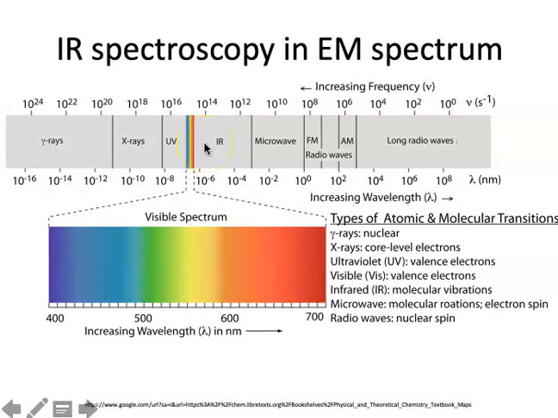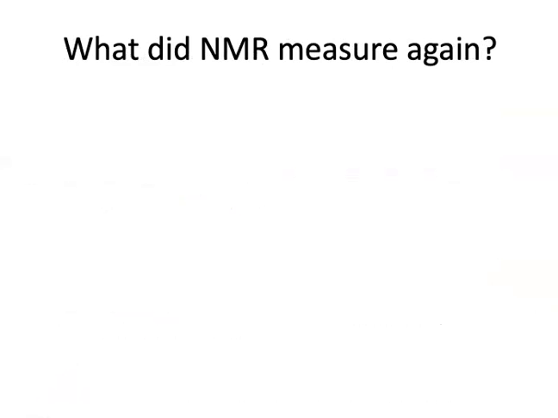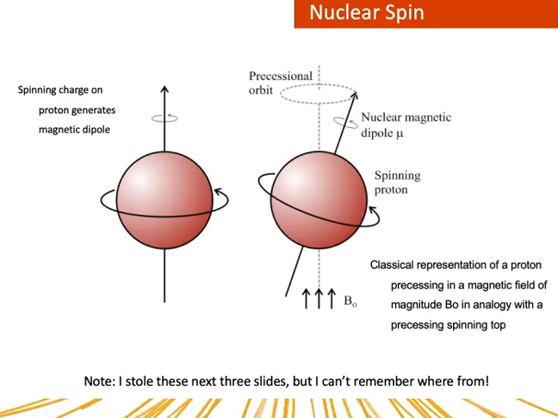What we're going to run through real quick is a little bit of a review of NMR and what we were looking at there, and then what is so much more special about the way that this particular kind of energy interacts with molecules. Back in our NMR days of lore, we talked about the fact that nuclei of particular atoms, well, actually every atom, spin in a certain fashion.